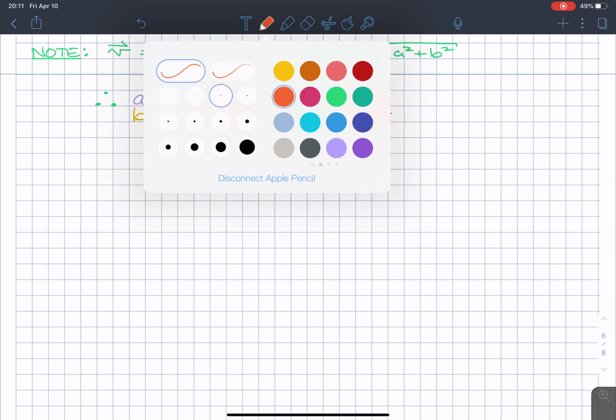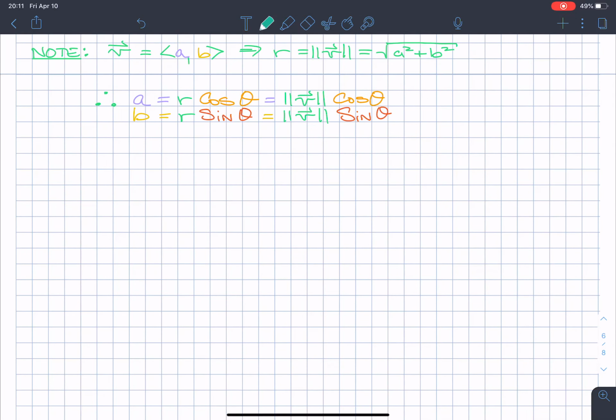So, notation. Another way to express a vector v equal to a comma b is in what we term algebraic form.